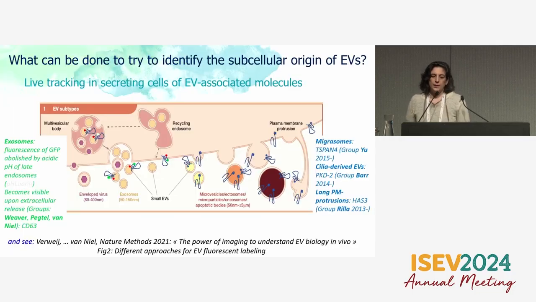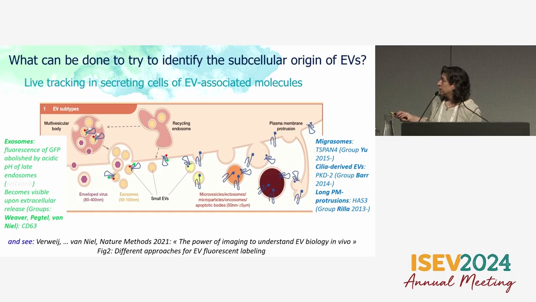So what can be done to try to identify the subcellular origin of EVs? The only real way is to follow live, in secreting cells, the EV-associated molecules and to show that these molecules come out of the cells and end up in structures that are outside the cell.